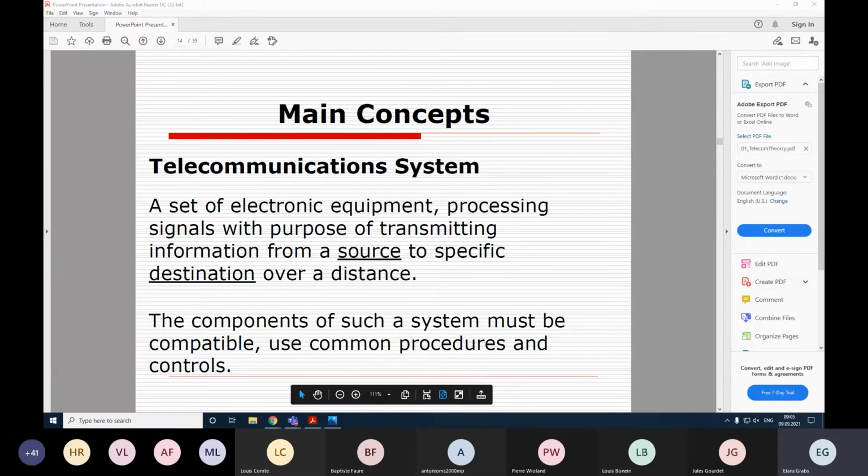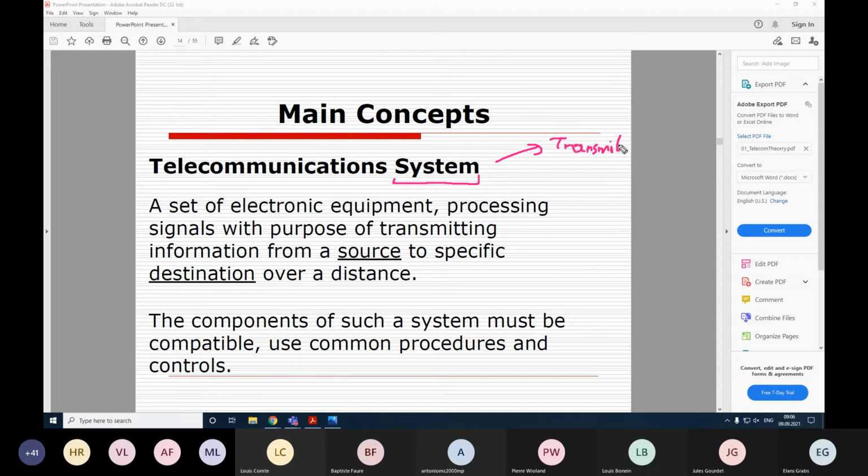But in order for all of this to happen, we need a system which consists of two parts: a transmitter and a receiver.